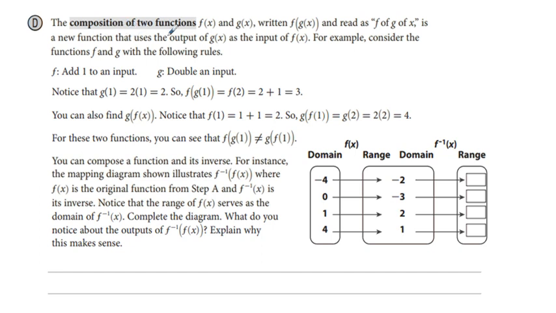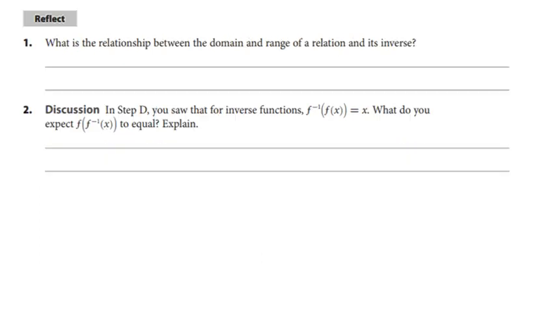D, the composition of two functions, f of x and g of x, written as f of g of x with the parentheses here, and this is the verbalizing of them. This is a part in the book where we haven't gone over compositions of functions yet, so we're going to weave this concept in as we go. I'm just going to skip through here.